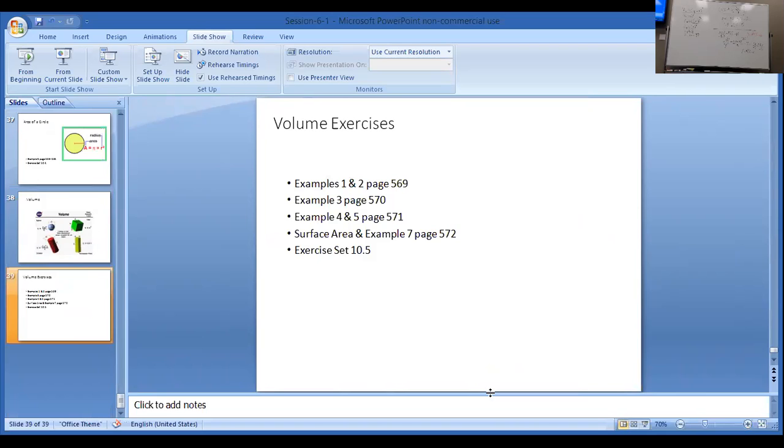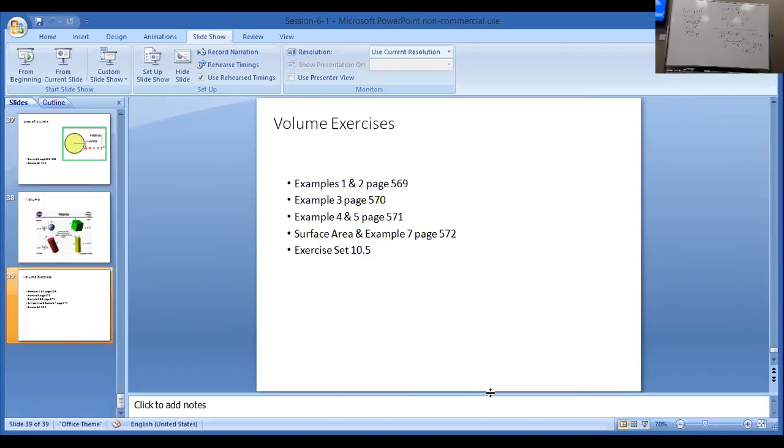Each time the truck can take only 10 cubic yards. So you divide 1,200 by 10, you get 120 trips. And for each trip, it costs $12. So you multiply by 12, you get $1,440. Just to make the hole.